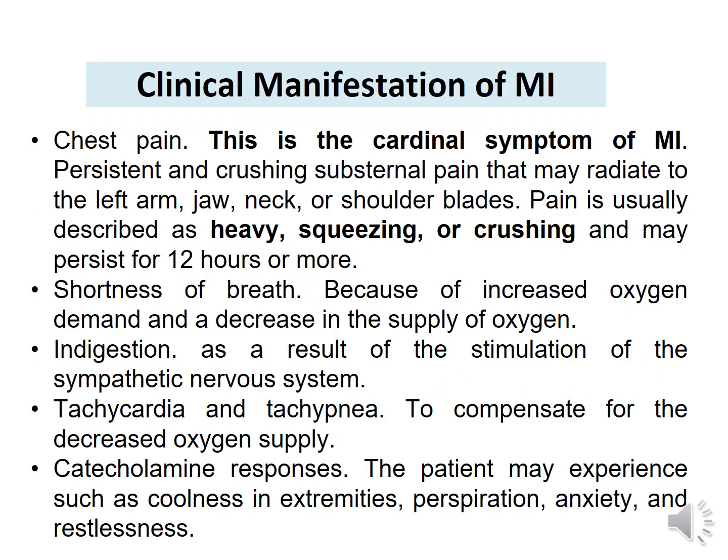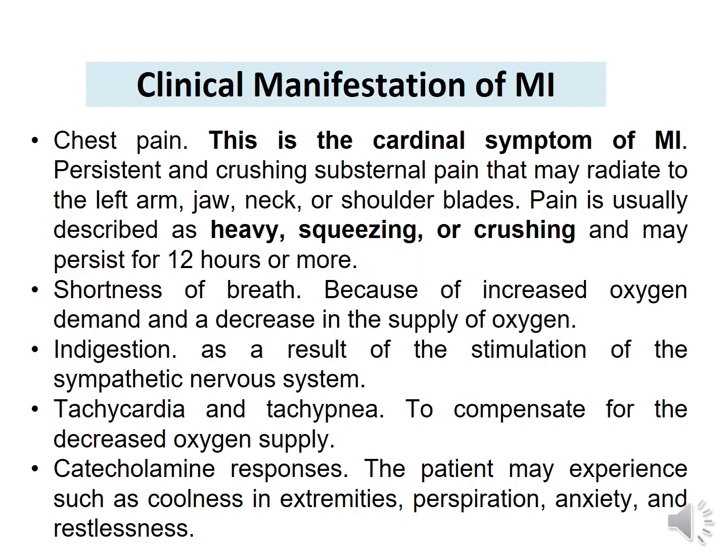Clinical manifestation, as usual in angina, is chest pain. What is the difference between chest pain of angina and MI? We will figure it out in the coming slides. This is a cardinal symptom of MI: persistent and crushing substernal pain.